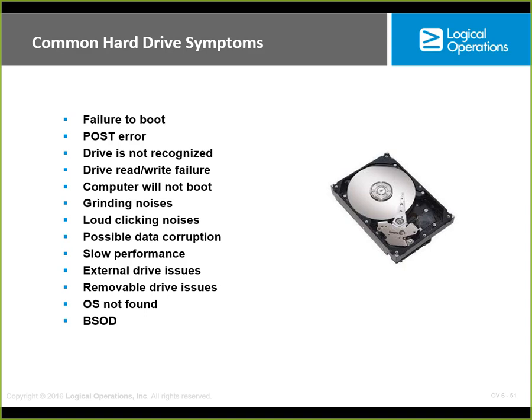Possible data corruption, slow performance of the hard drive, defragmentation may be what's needed. The disks use the first storage area that's available. So if you have a file that's bigger than that, it's going to use that one, then it's going to go to the next storage area that's available.